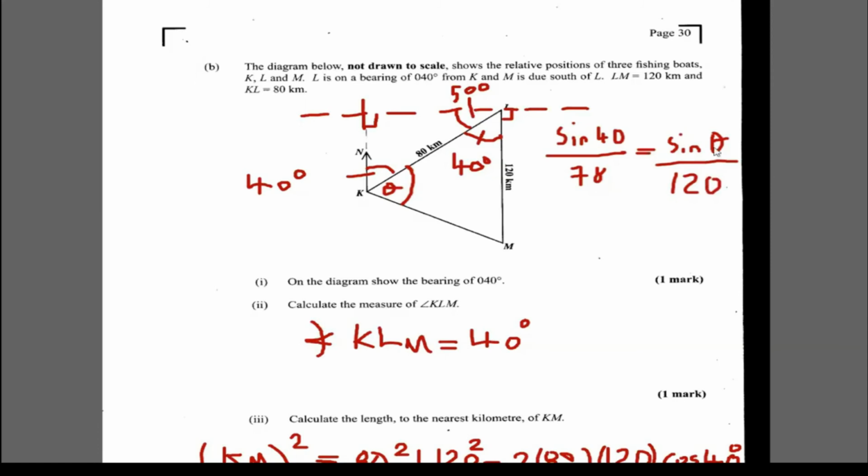So theta is going to be equal to sine inverse of 120 sine 40 over 78.